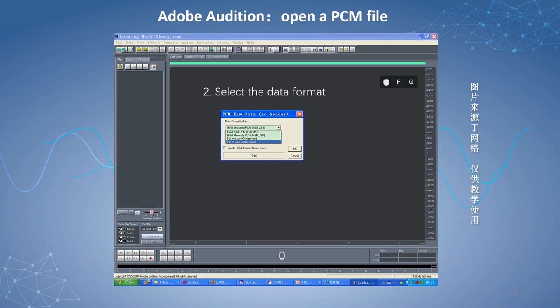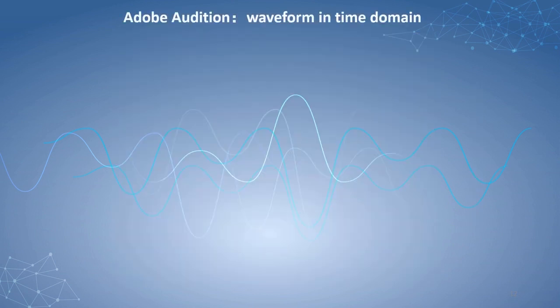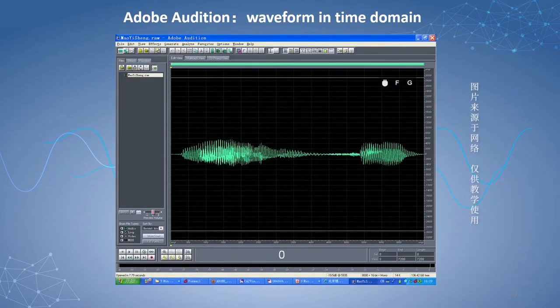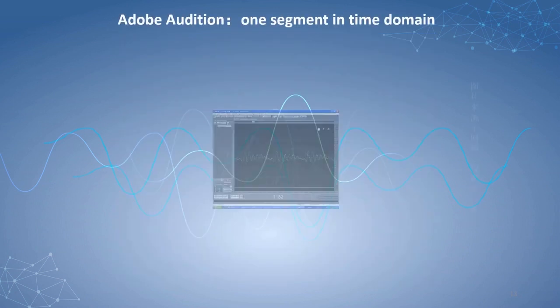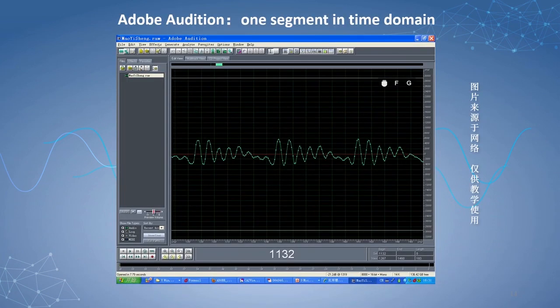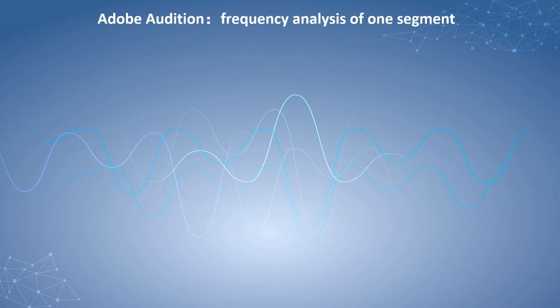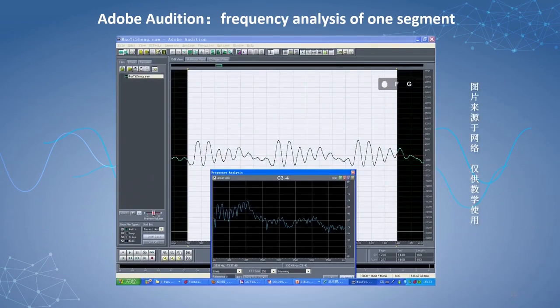After opening the speech file, we can observe the waveform in the time domain. We can select one segment in the time domain, and the sampling points are also shown in detail. We can open the sub-window to show the frequency analysis of the selected segment.